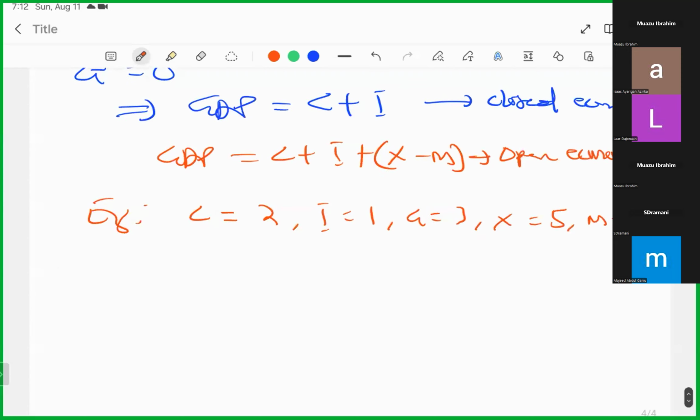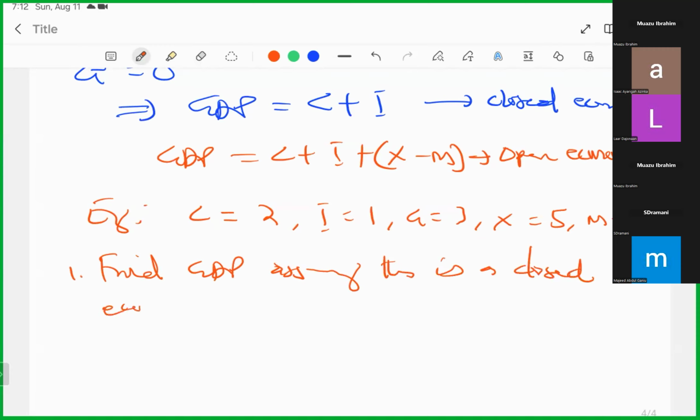And I ask you, please note, find GDP, assuming this is a closed economy.